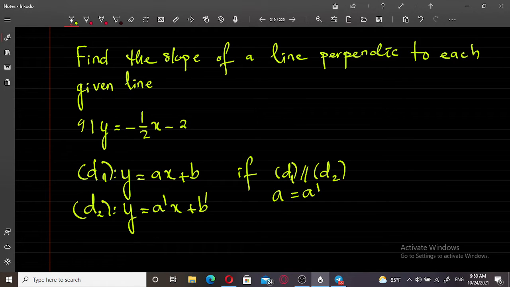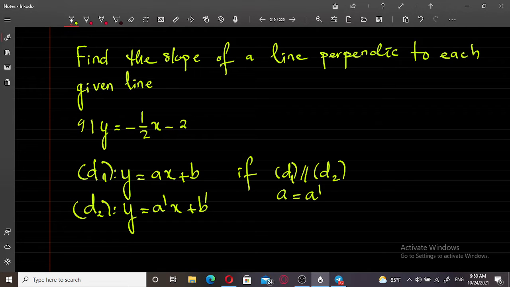That means the slope of d1 is equal to the slope of d2, so the line d1 is parallel to d2.